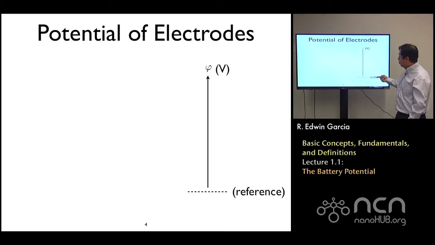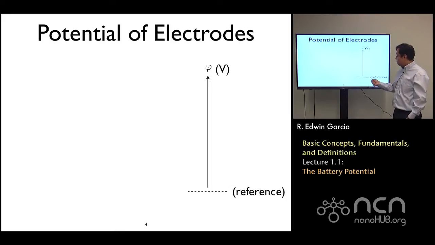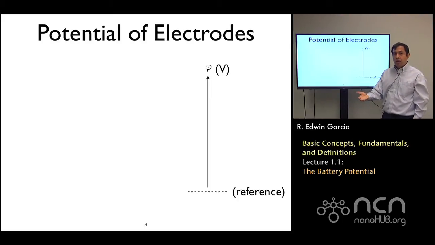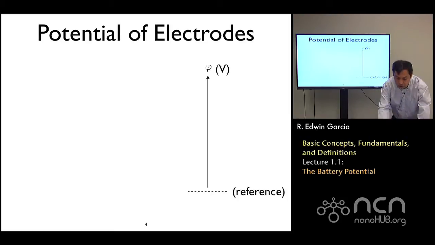Because when you measure the voltage, you're always measuring with respect to something, that is the ground. And in materials science, that ground itself is actually a material too. So usually the voltage is specified with respect to some specific material. If this were a lithium-ion battery, in most cases it is referred to with respect to a pure lithium source. In other cases, it could be referred to, say, a hydrogen reference.